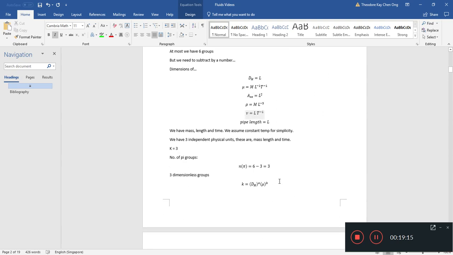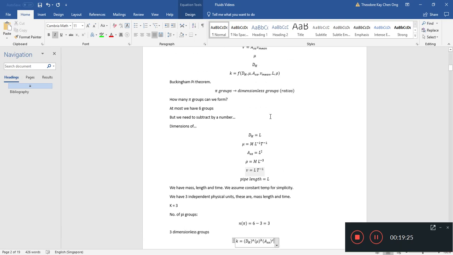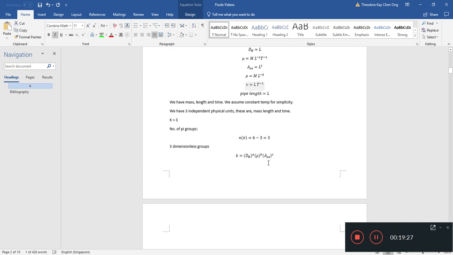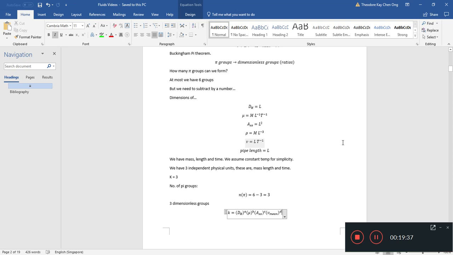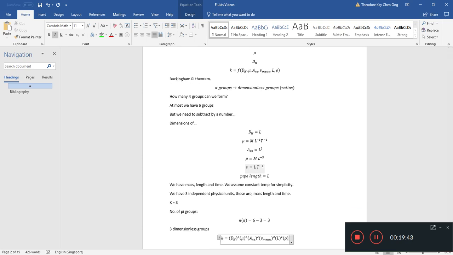Cross-sectional area, A_XS to the power c. Next one, mean velocity, so let's put V mean to the power d. And then L to the power e, and rho to the power f.